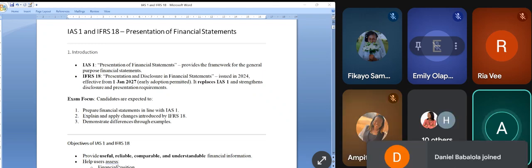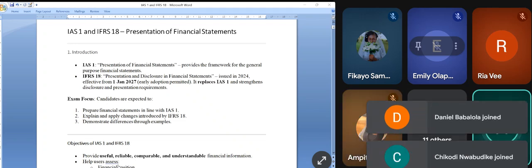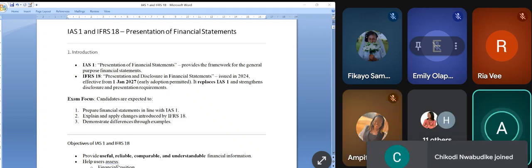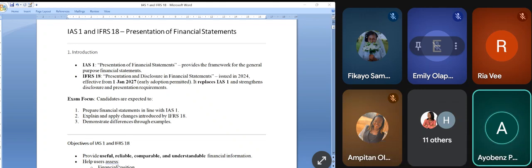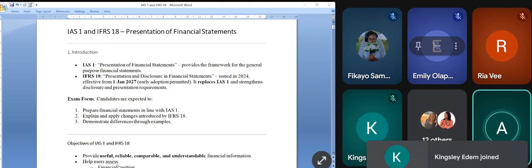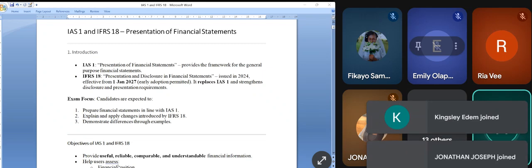We used to have what we call IAS 1, which is of course still in existence, still much more in practice, still what we are guided by in the way we prepare and present financial statements. IAS 1 talks about the framework that guides how to prepare the general purpose financial statements. But then there has been an introduction of IFRS 18, which is to formally repeal IAS 1 by 1st of January 2027.